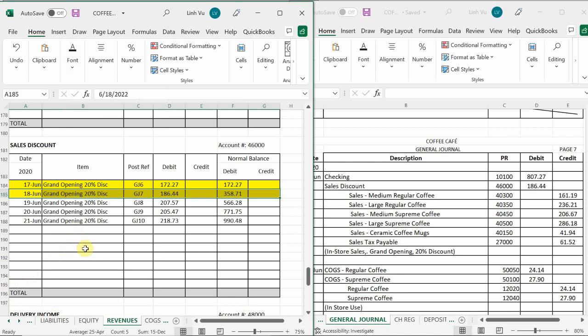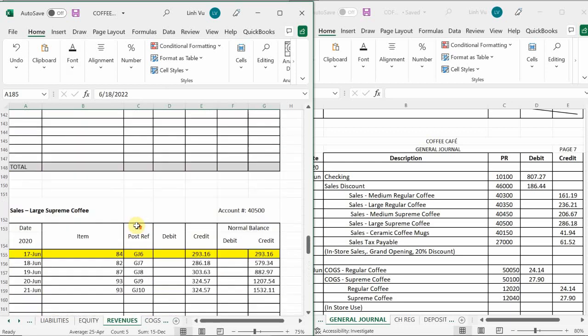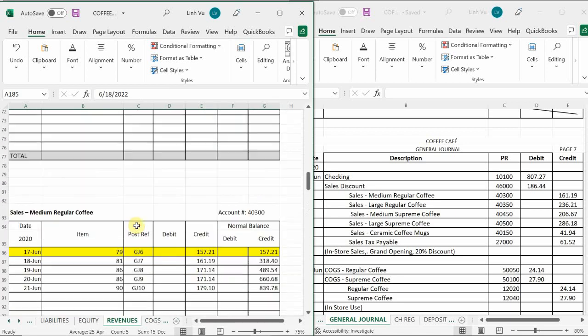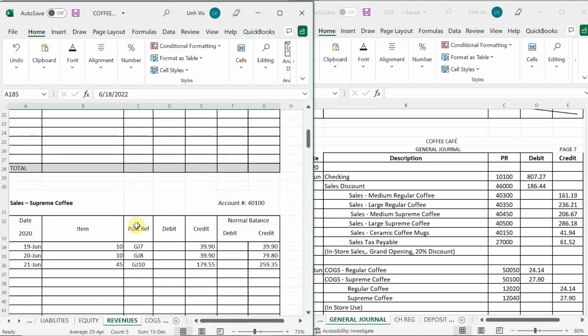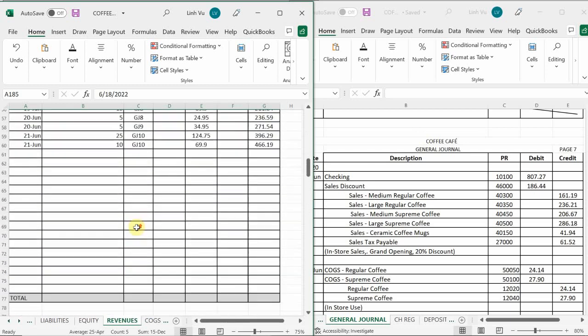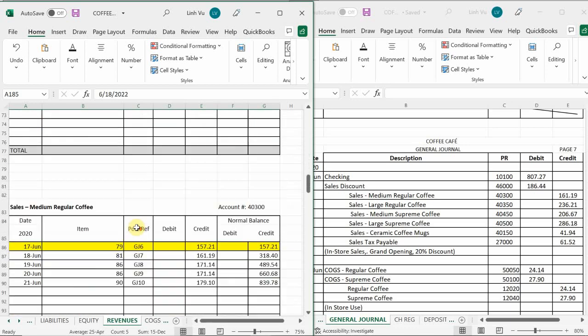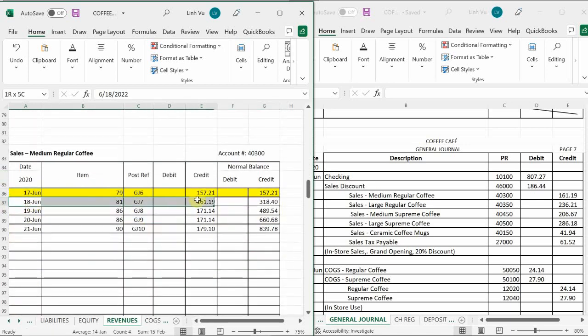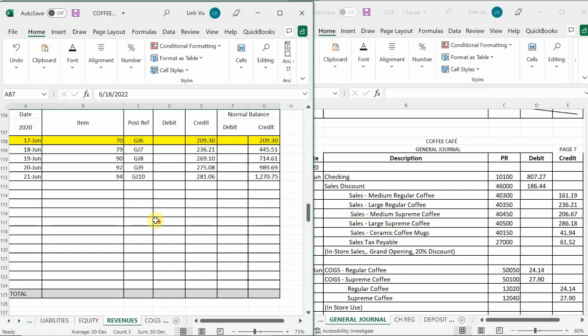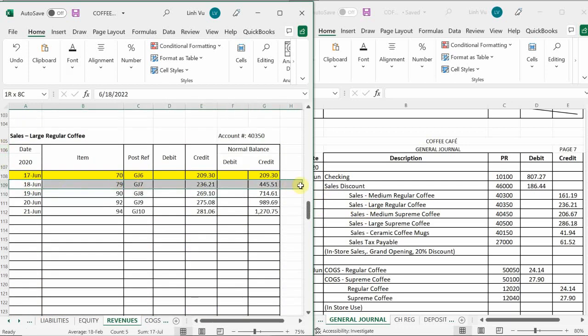We also went through all these sales here. Medium regular for $161 is here. Okay. Then we got our next one for $236.